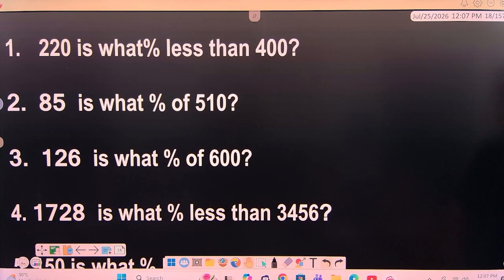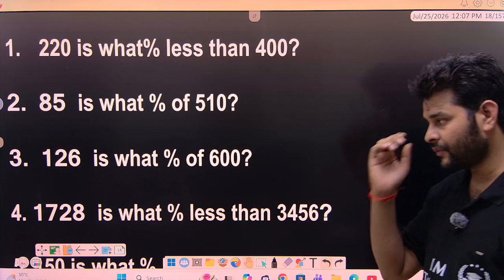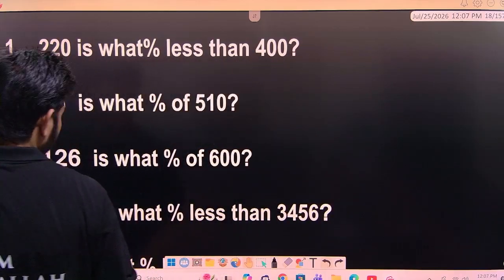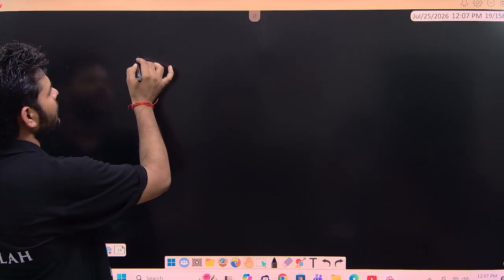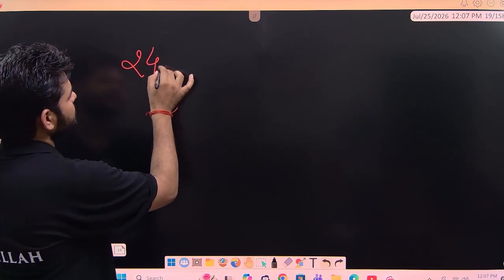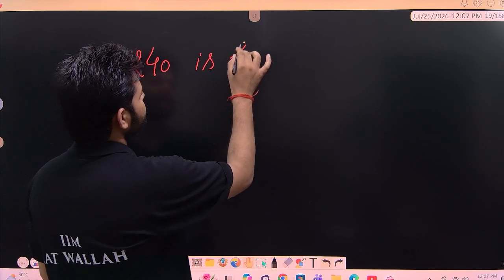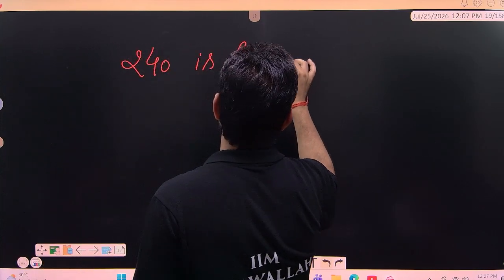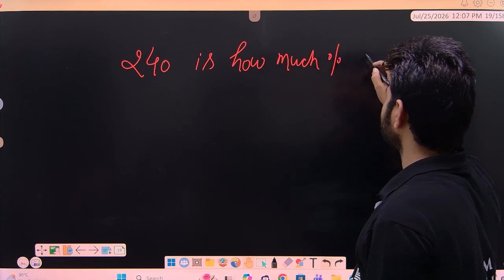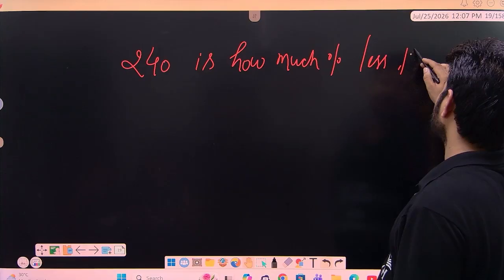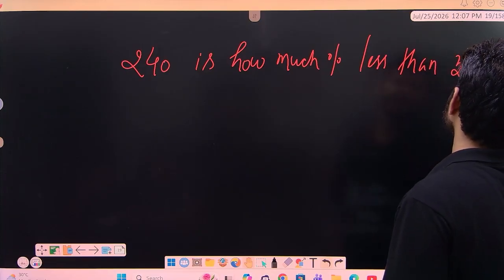240 is what percent less than 360? So basically, what concept do we apply over here? If normally I am asking, 240 is how much percent less than 360?